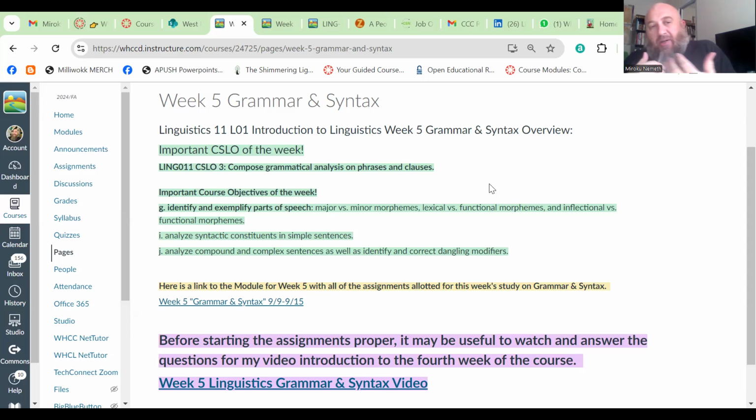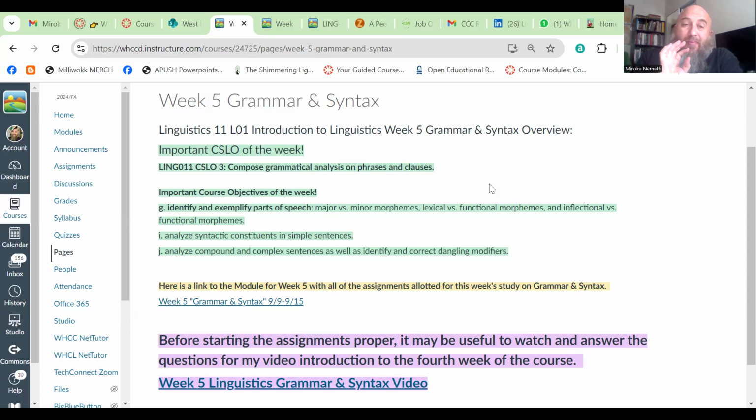So the first one, if I say while I put on my glasses, it can't stand alone. It's not a complete idea. That's a dependent clause. So if you put together one independent clause and one dependent clause, you get what we call a complex sentence.